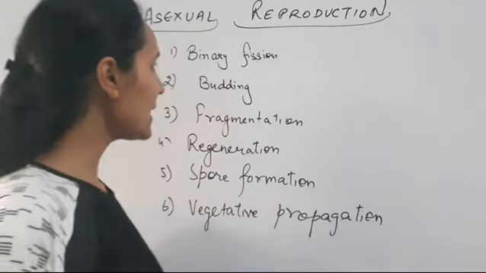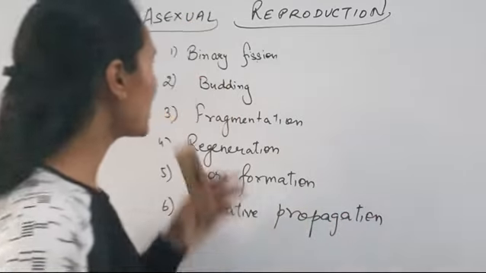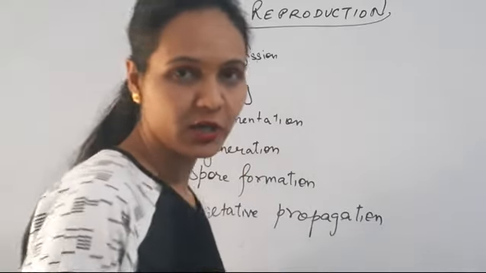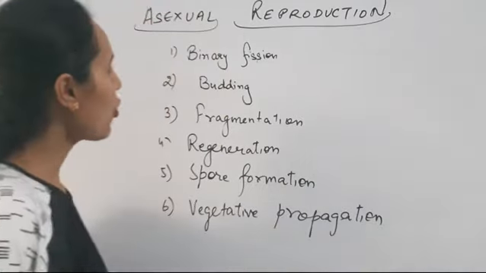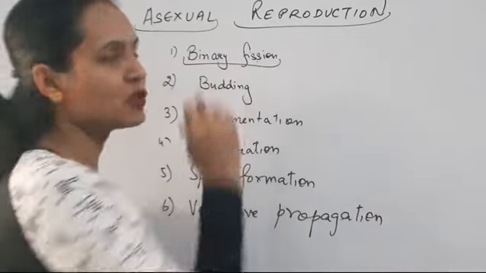So these are the different types which come under asexual reproduction, and each of them we're going to discuss in detail. So talking about binary fission.